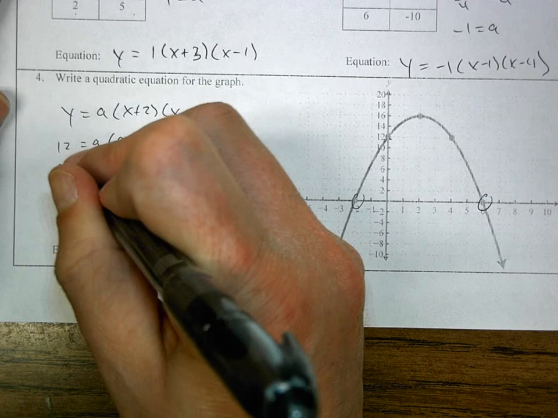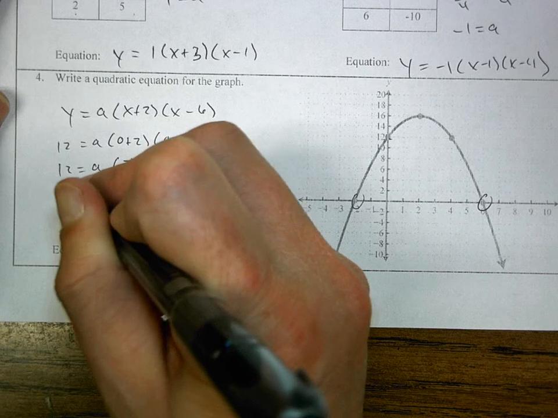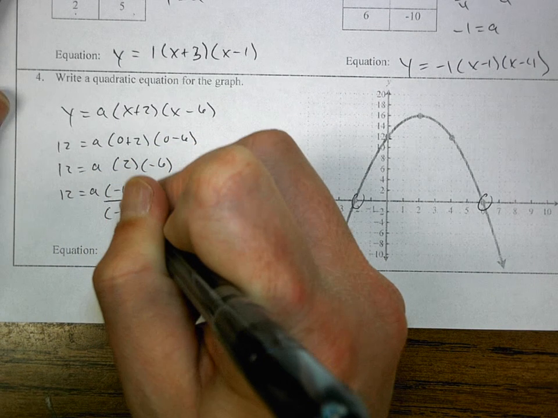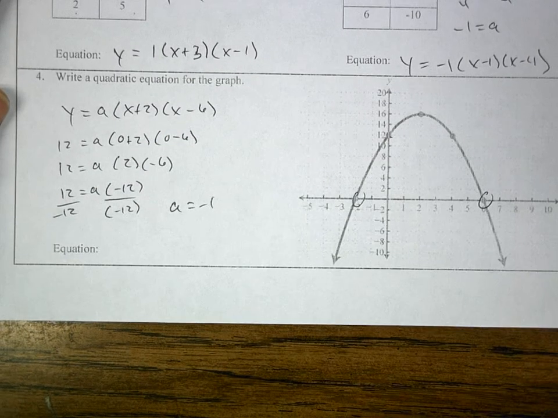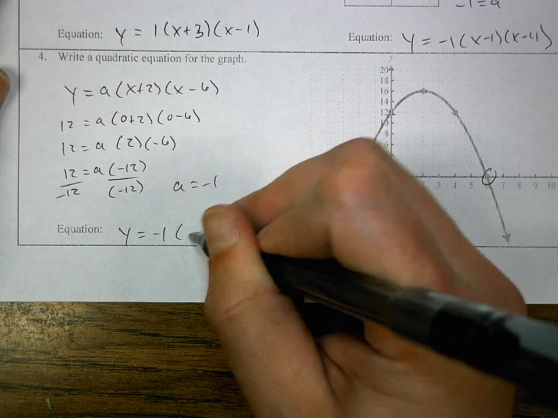That's going to be 2 times negative 6, or 12 equals a times negative 12. Divide both sides by negative 12, and we get a equals negative 1. So our equation is y equals negative 1 times x plus 2 times x minus 6.